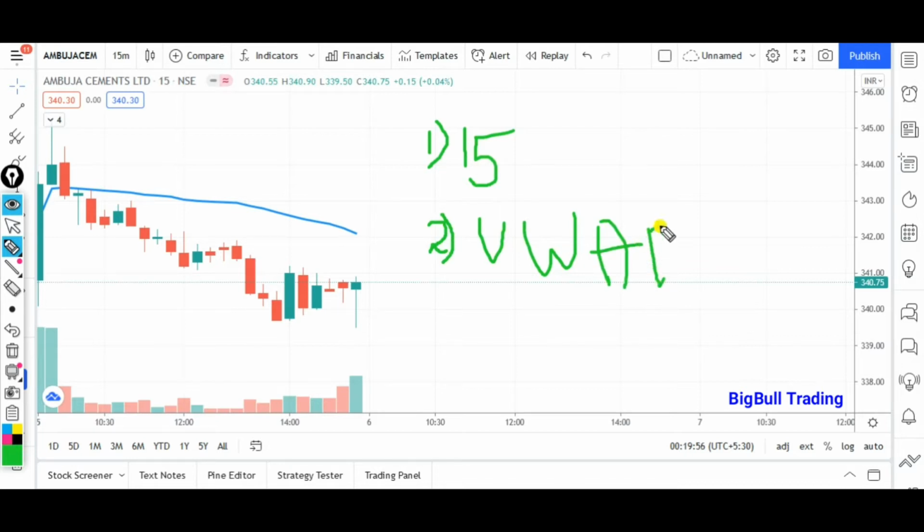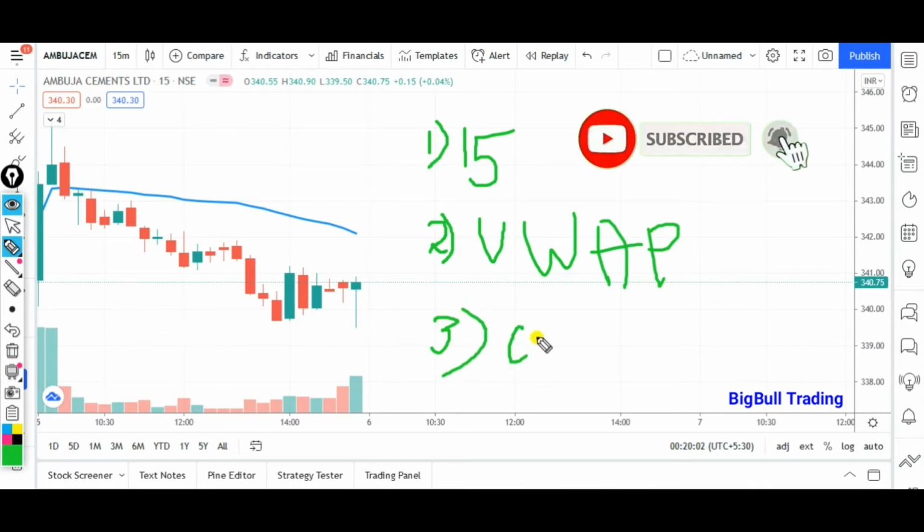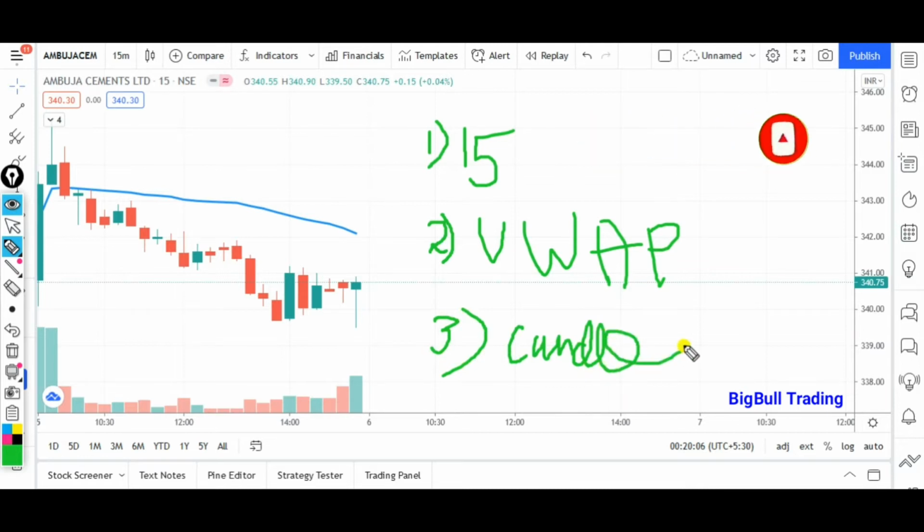These two things are needed for this strategy. And third, another important thing is the candlestick pattern, what pattern you should trade. These three things are important for this strategy. So first is the 15-minute time frame, second you need the VWAP line, and number 3 the candlestick pattern, which candles to take the trade on.